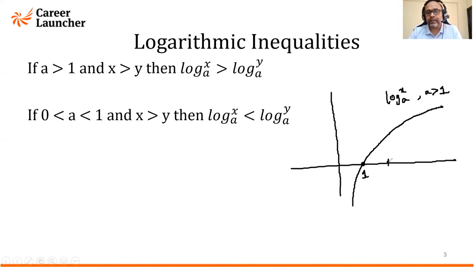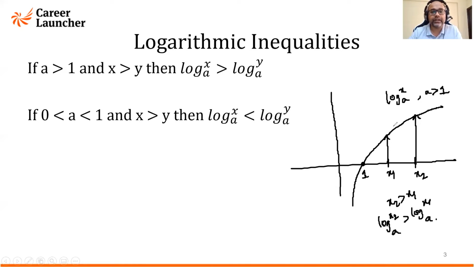Now, if I take this point as x1 and this point as x2, very clearly the output at x2 will be greater than the output at x1. Because x2 is greater than x1, log x2 will be greater than log x1 for the same base. This is what the first statement says. It's obvious if you look at the graph, but I'm putting it across in mathematical form.